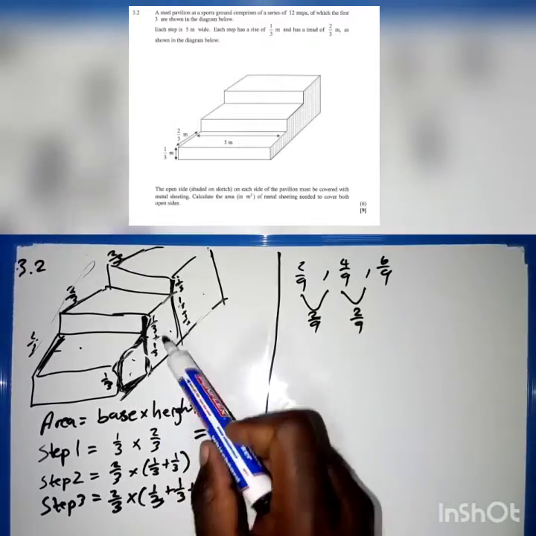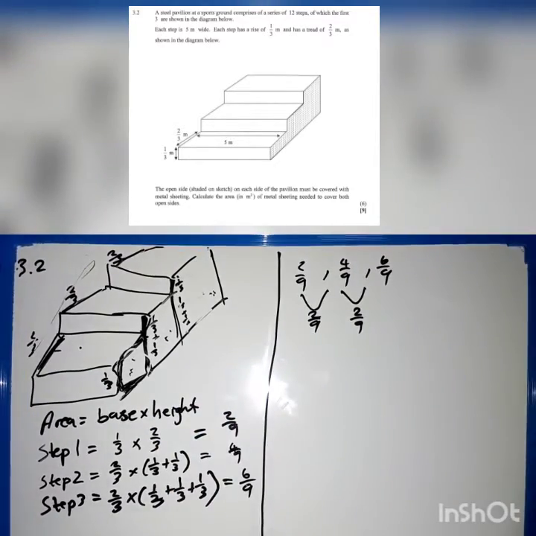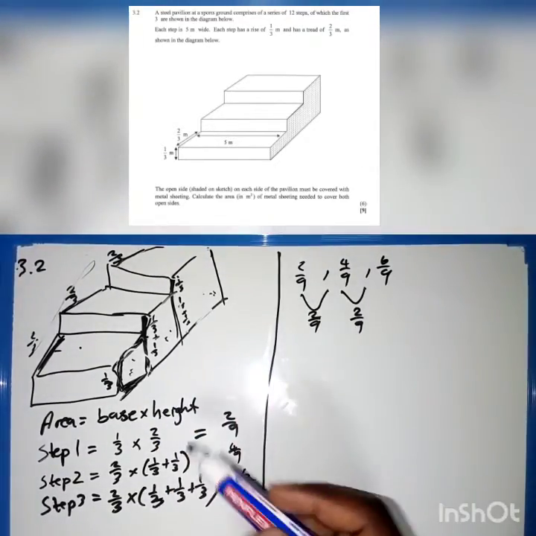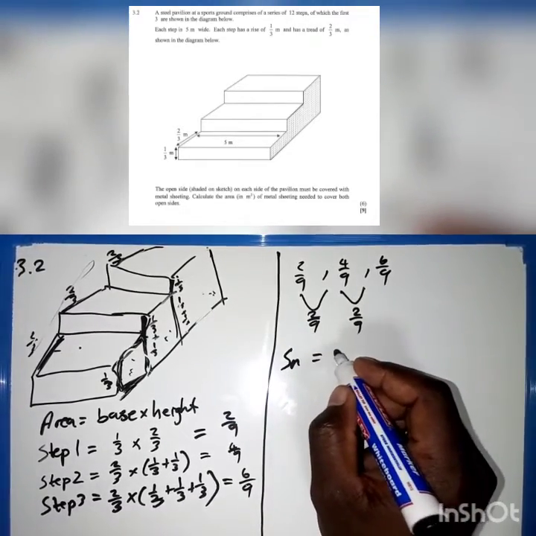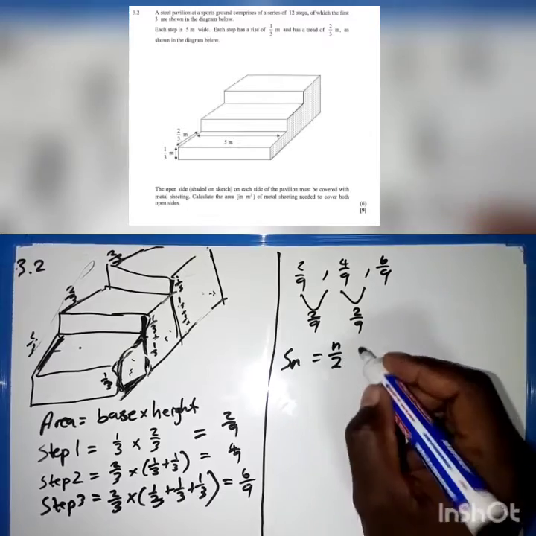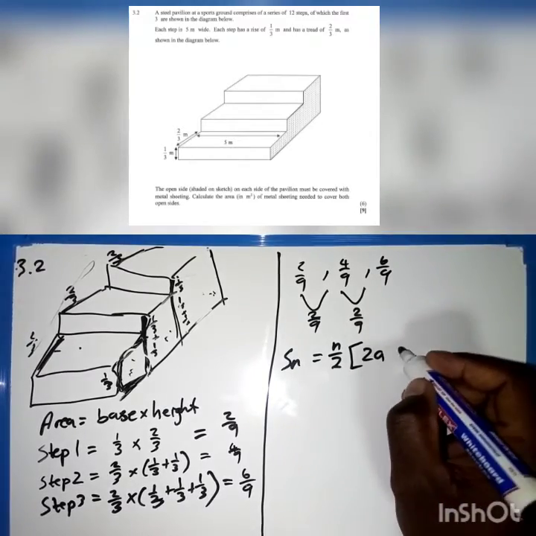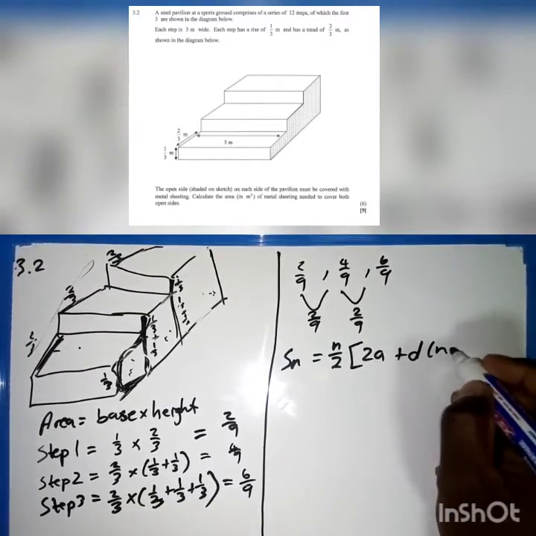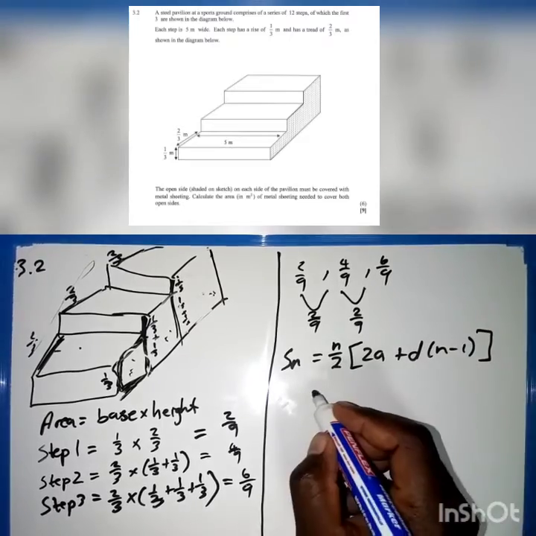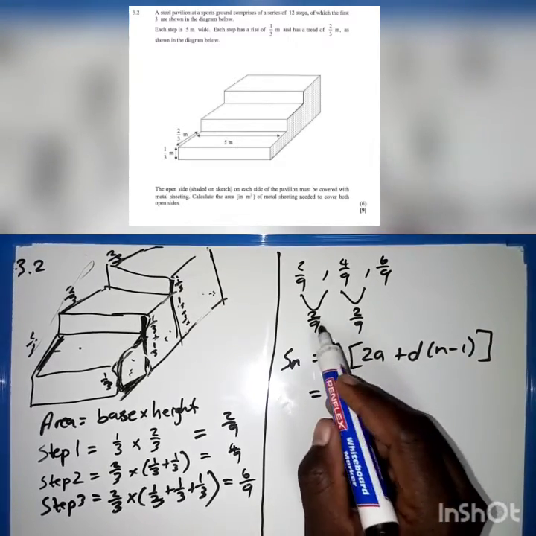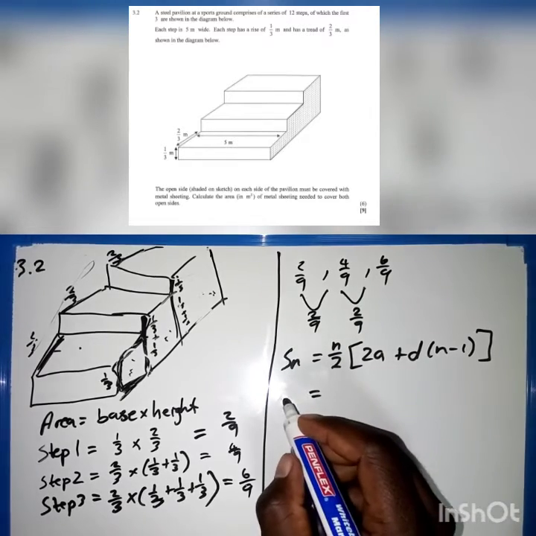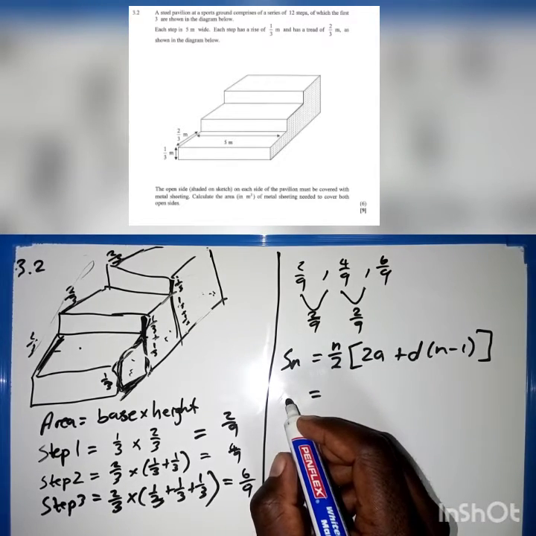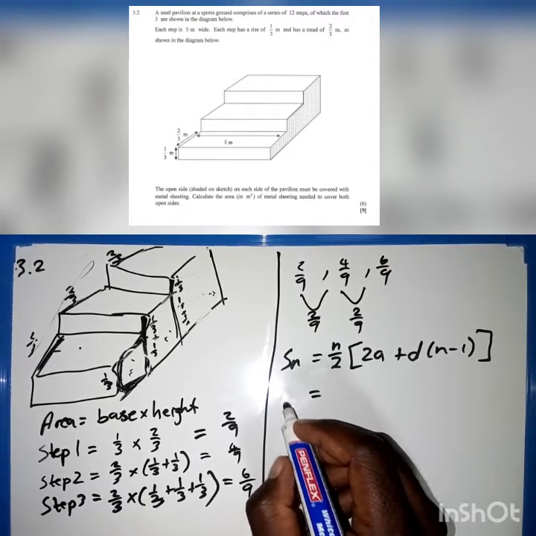So I can find the sum of the areas. So I'll say Sn is equal to n/2 times (2a plus (n minus 1)d). My n, they said 12 steps. If you read there on top, it says the pavilion at a sports field comprised of a series of 12 steps.